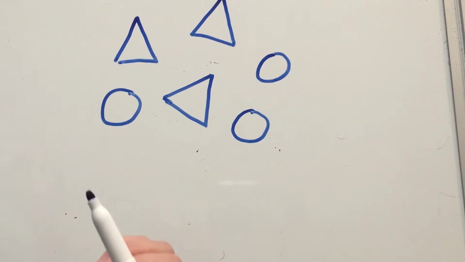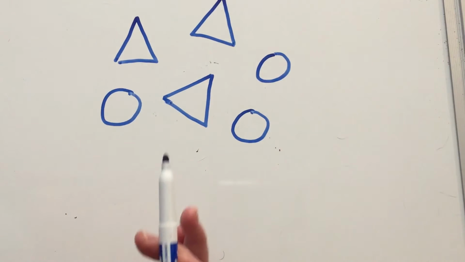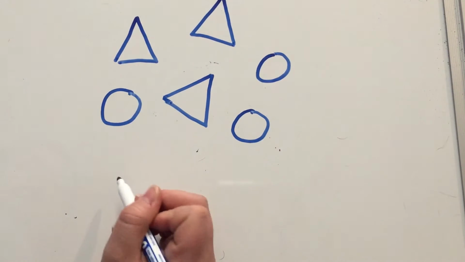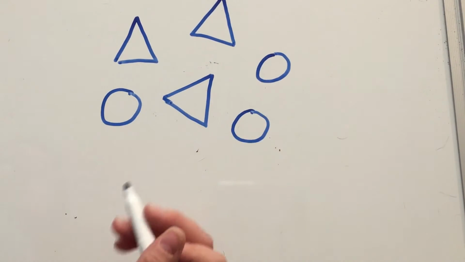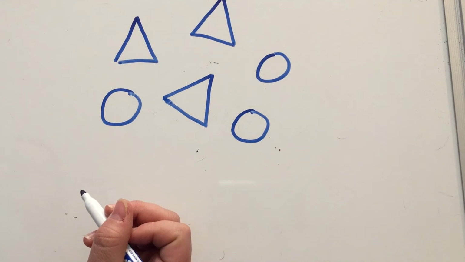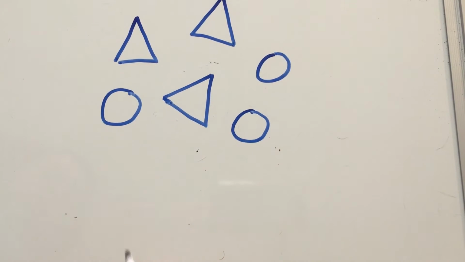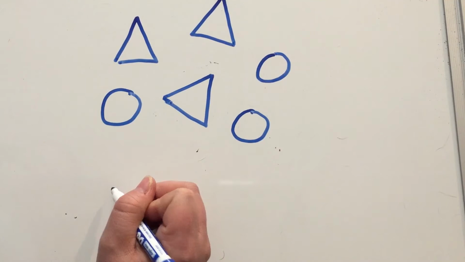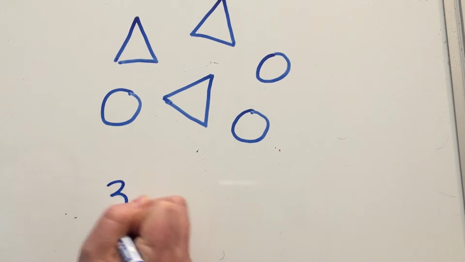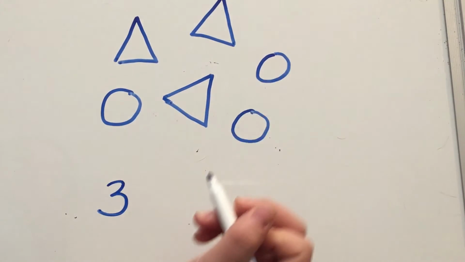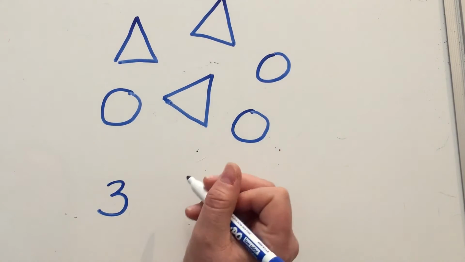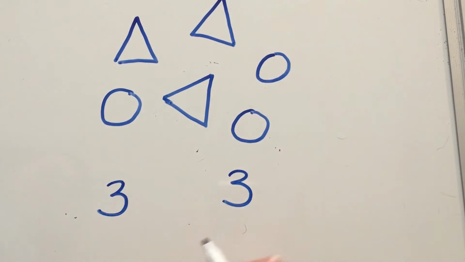I want to put these numbers in a number sentence so we can have a number sentence all about our shapes. We already have 2 clues about the number sentence. We have 3 circles and 3 triangles. So I am going to write 3 for my 3 circles, and I'm going to write 3 for my 3 triangles.